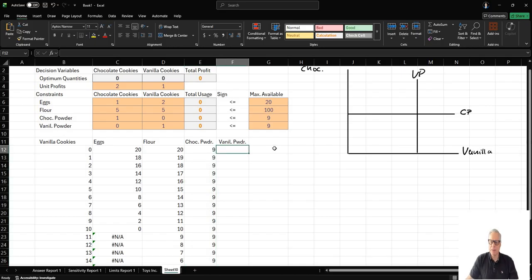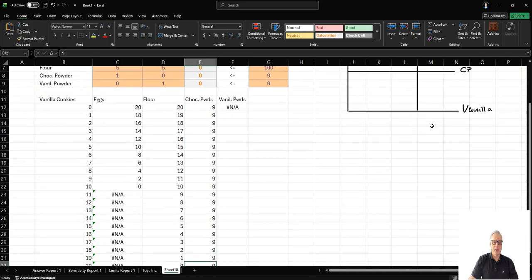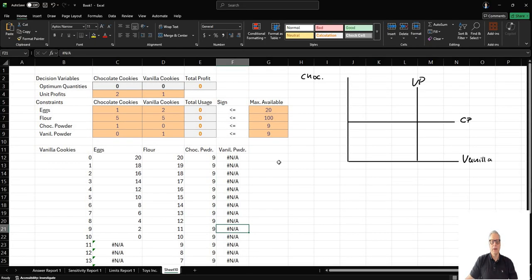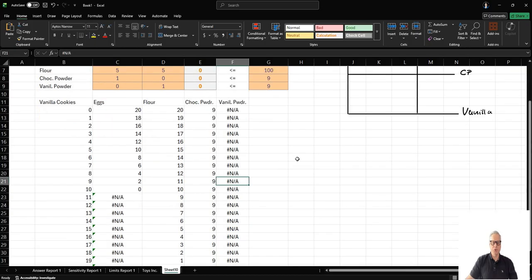And for the vanilla powder, if we want to draw that, we basically need to have a column at 9. So I enter everywhere an NA, except on the x-axis at the value of 9, I want here a column, and maybe that column shall go up to, let's say, 20.